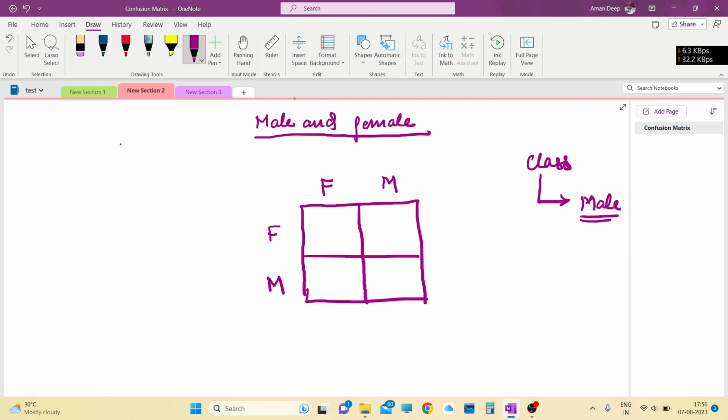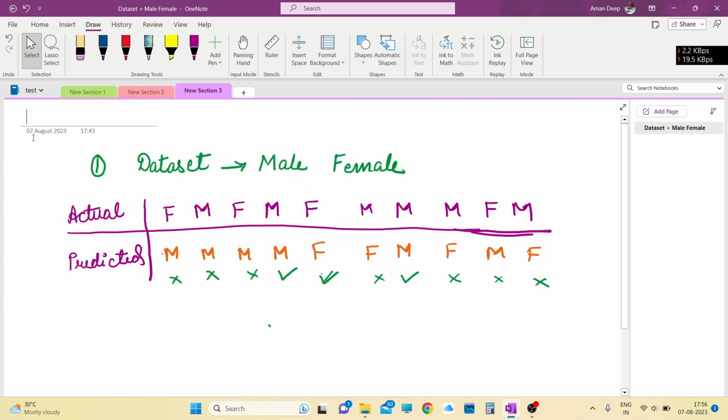So what is the figure that I want here? See, these are the actual values. These are the prediction values. So what I want is how many females were there who were actually predicted as females. So what value will I put here? We'll refer the data set. Let me copy this data set there. Just a minute.